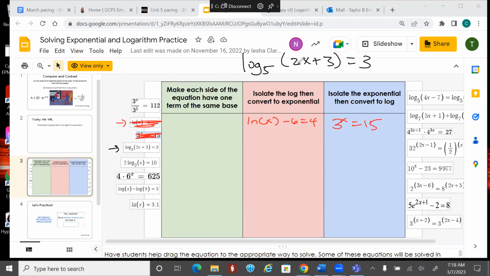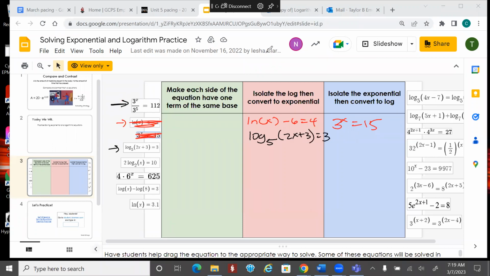The circle of life, right? Okay, so that would be isolate the log, then convert to exponential. We'll just do a couple more.